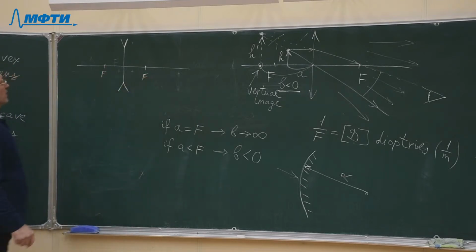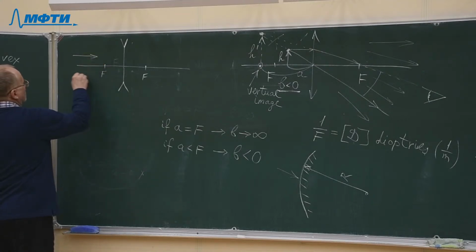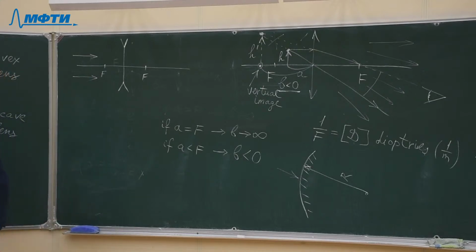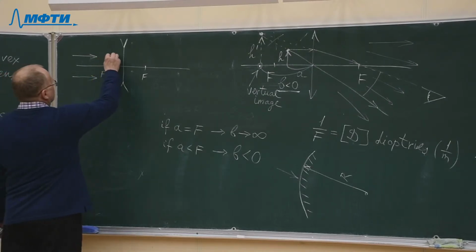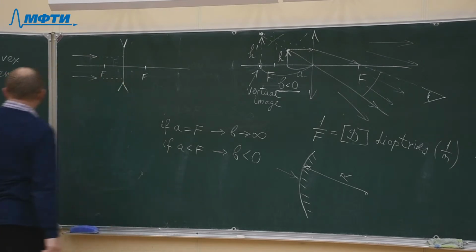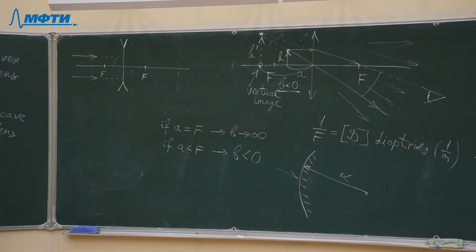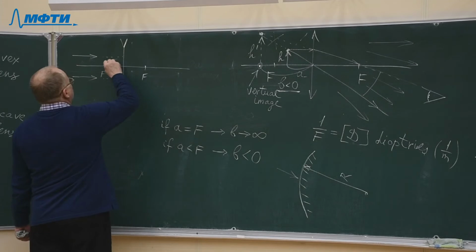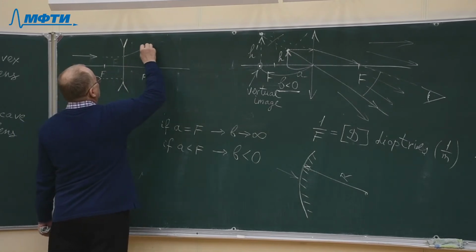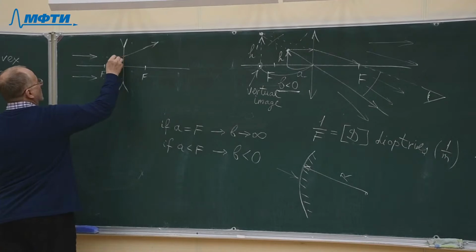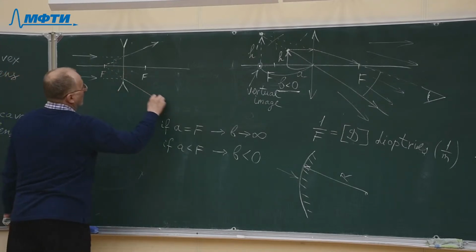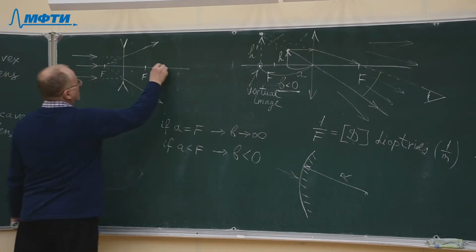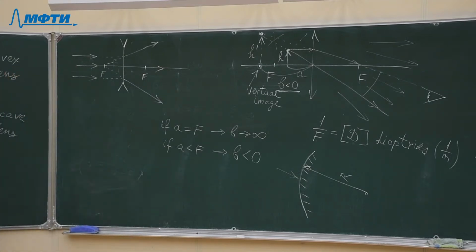They are characterized by the fact that a parallel beam of light, parallel rays coming to the concave lens, will go out of the lens as diverging beams of light, and they will look as if they originate from the focus of this lens. That will be the picture.